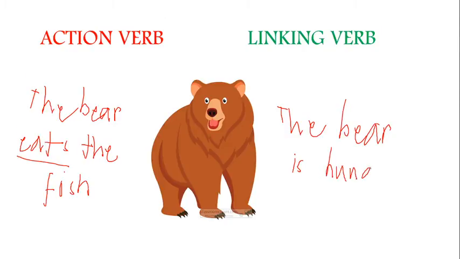What makes it a linking verb? Because of the verb here, is. So it links the idea between the bear being hungry. So that is the difference between the action verb and the linking verb. I hope by this time you already understand the difference between them.